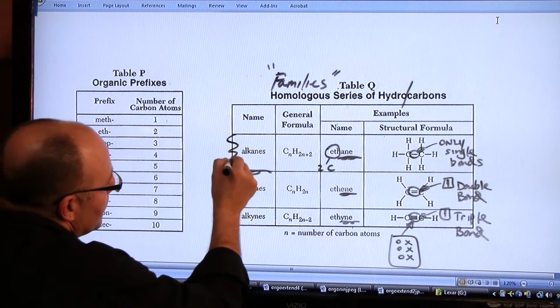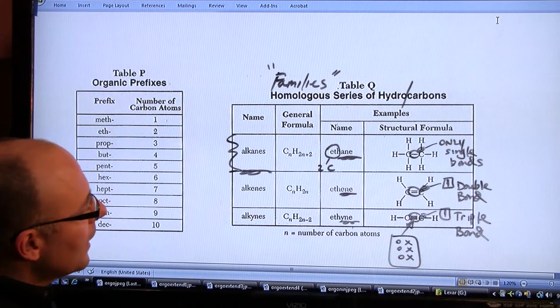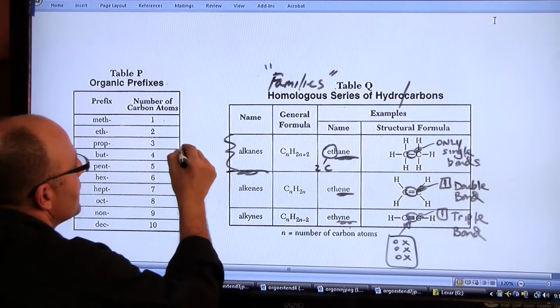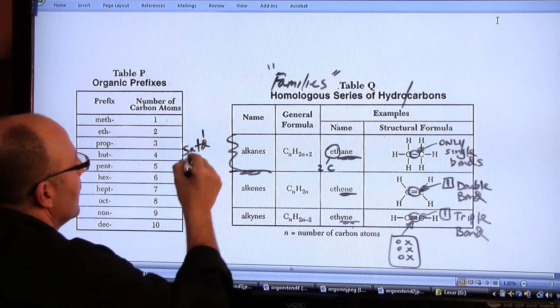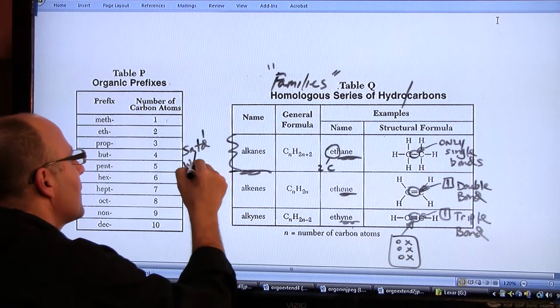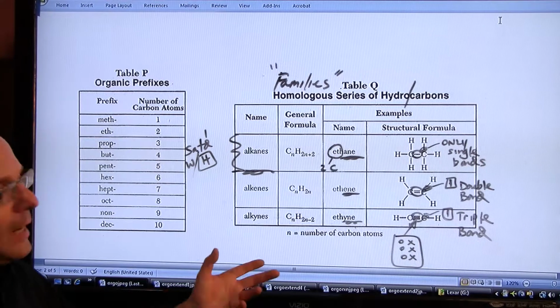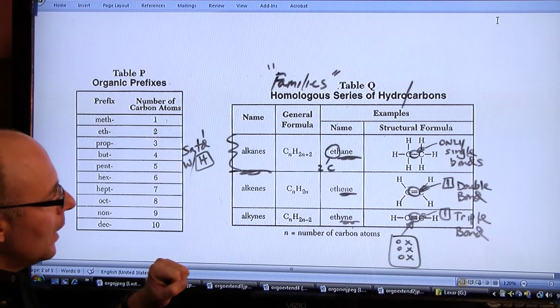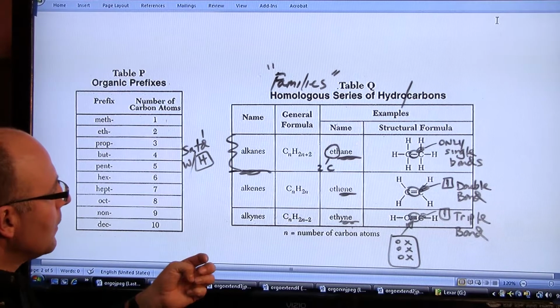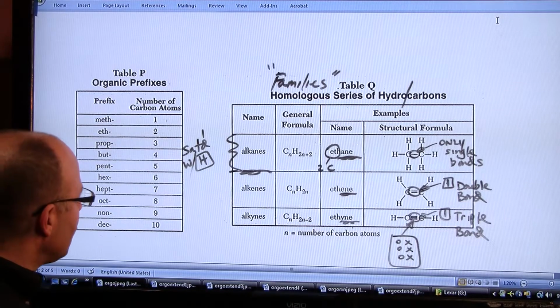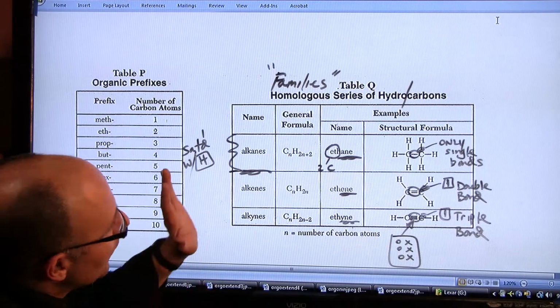The alkanes, because they have single bonds, have the greatest amount of hydrogen per carbon. So we say they are saturated with hydrogen. Not to be confused with saturated solutions, which we had covered in Table G, where you have aqueous solutions saturated with different solutes. All right, this is saturated with hydrogen.